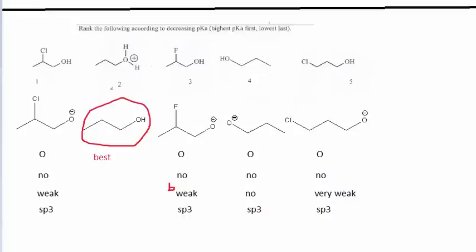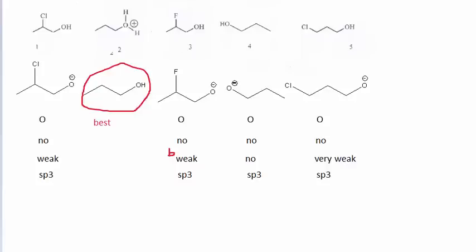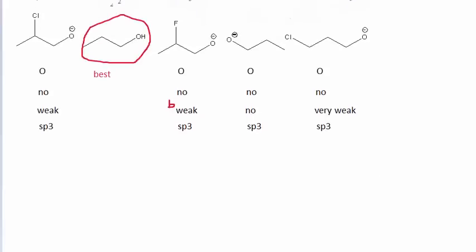Okay, so how do we rank them this time? Again, we're going to go from most stable to least stable. Okay, so we already decided that this one is going to be the most stable because there's no negative charge to balance, so that will be A.